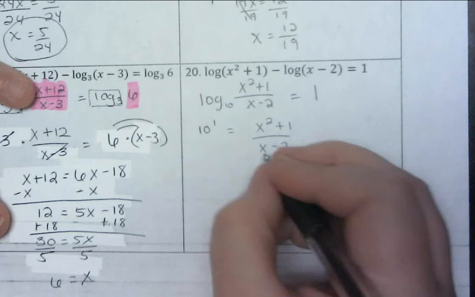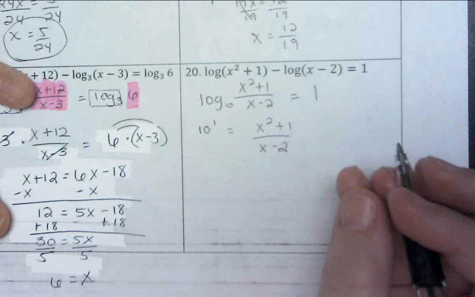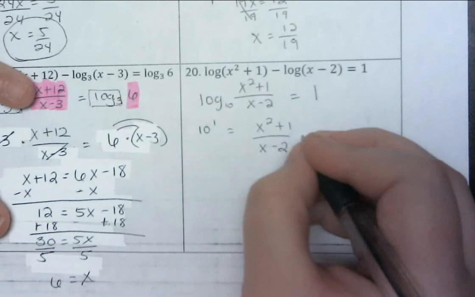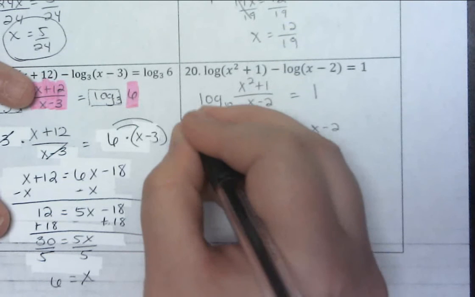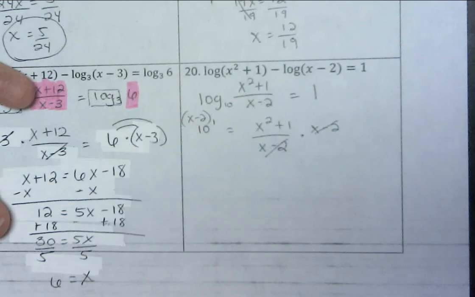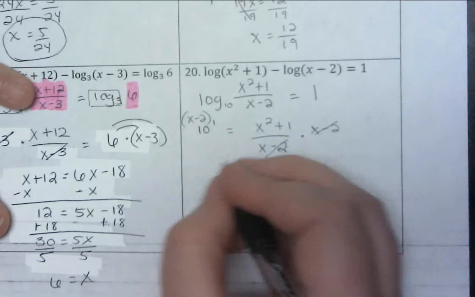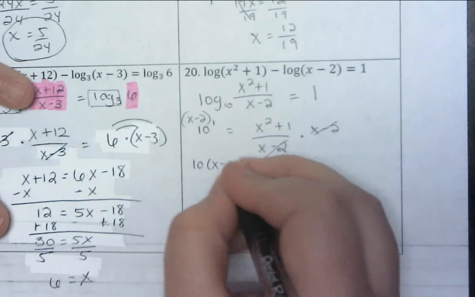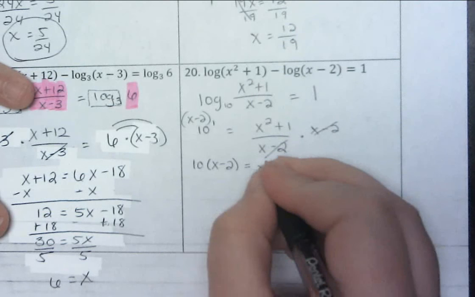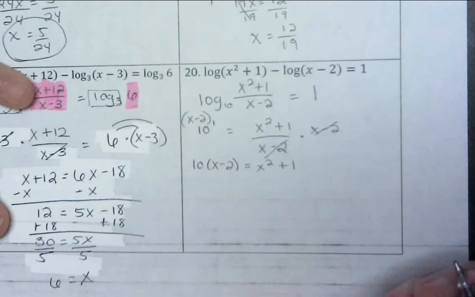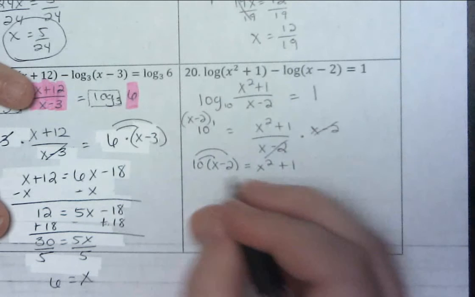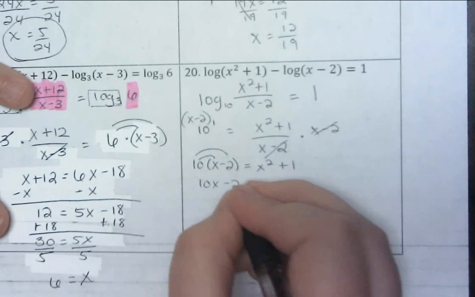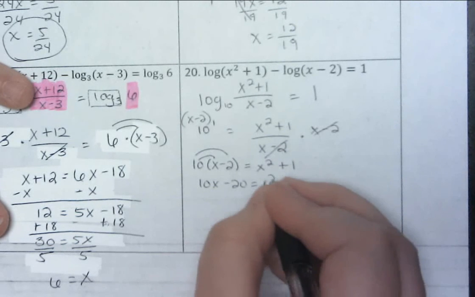So to get rid of that x minus 2, I'm going to multiply everything by x minus 2. So I now have 10 times (x minus 2) equals x squared plus 1. Distribute here to get 10x minus 20 equals x squared plus 1.